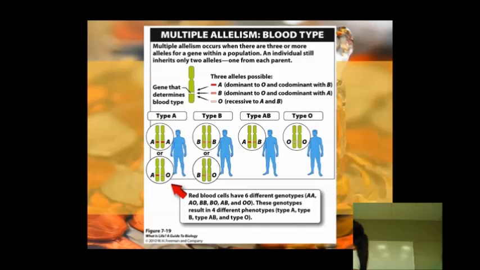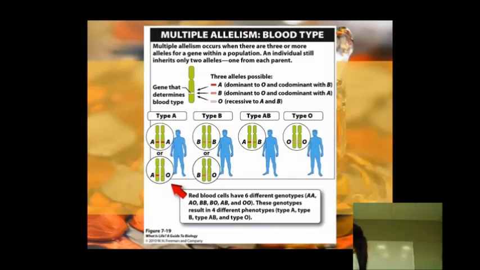So the three alleles that are possible in blood type: you can get an A from either your mom or your dad, a B from your mom or your dad, or an O from your mom or your dad.